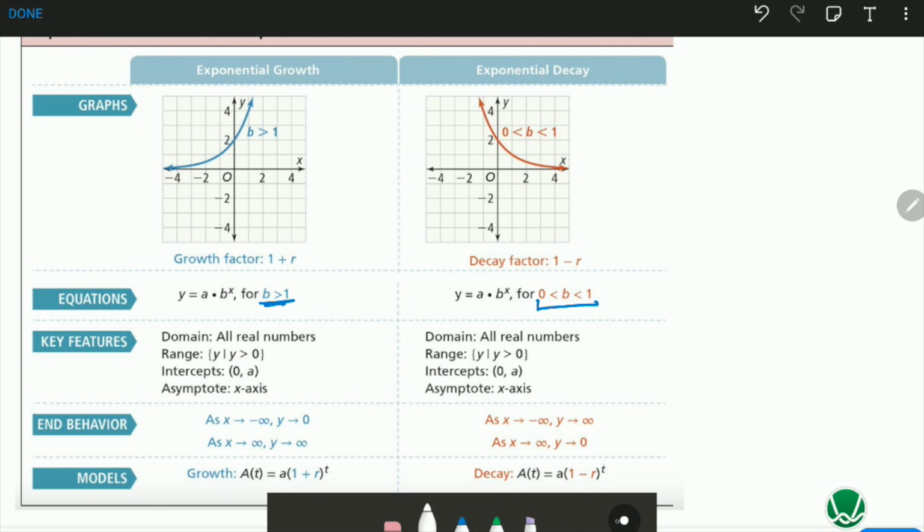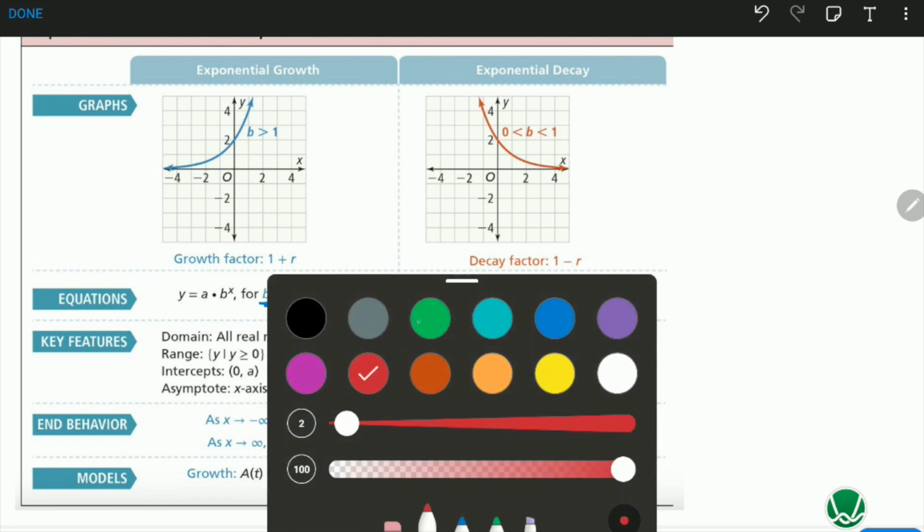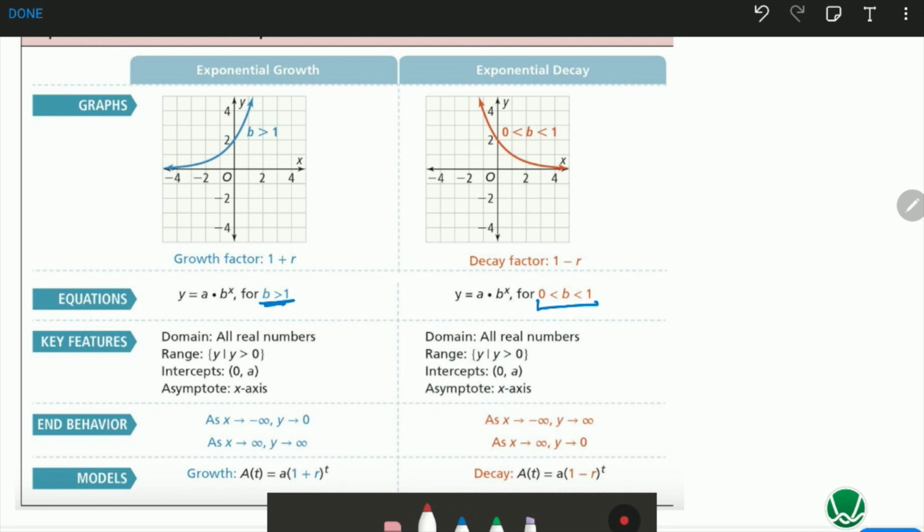Range does not include that asymptote, or where the asymptote is, so cannot have a value there. And based on how these functions are written with the exponential growth and decay, the y-intercepts are at 0, comma a, because they have a multiple of a along with it.